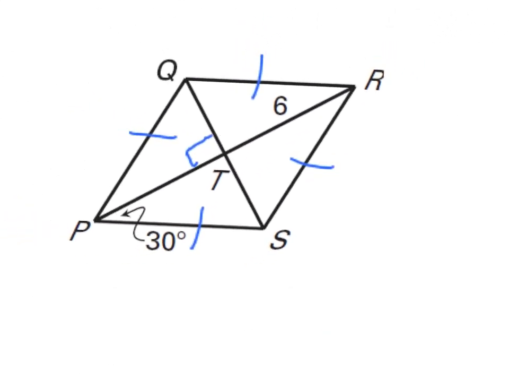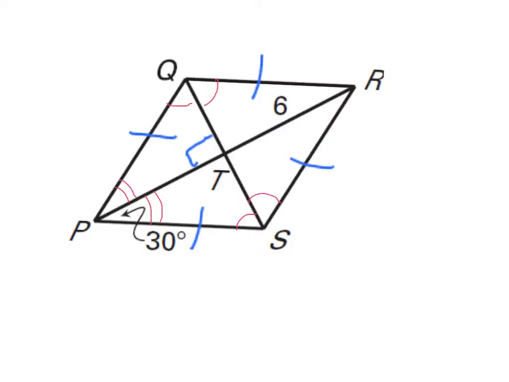So those are going to cross at a perpendicular 90-degree angle. And the other thing we learned is that the diagonals bisect the angles that they touch.